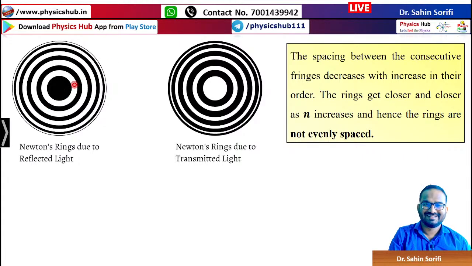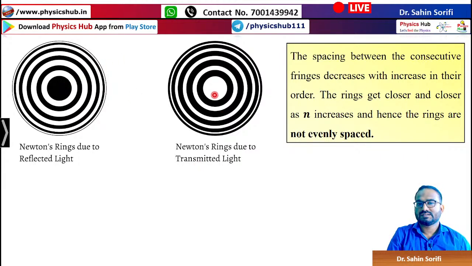You can see the separation between the rings is more here, and it is getting reduced as you go to higher rings. So the separation between the rings decreases as you increase the order of the rings. This is the first order, second order, third order, fourth order, and so on.